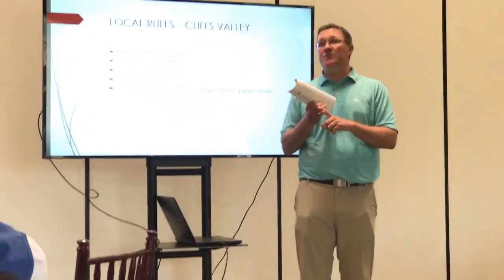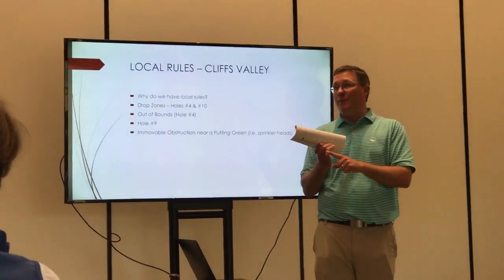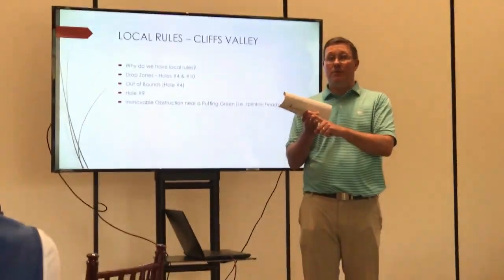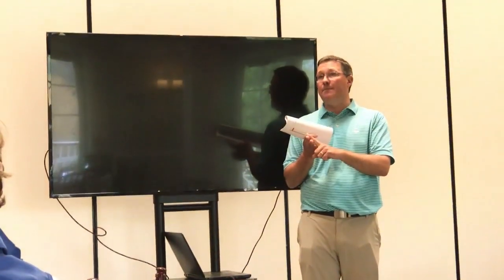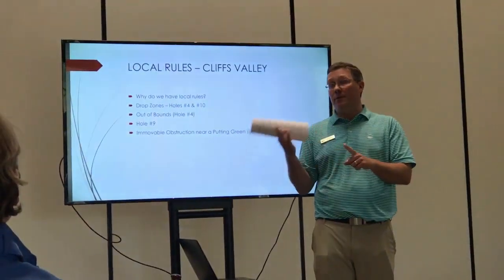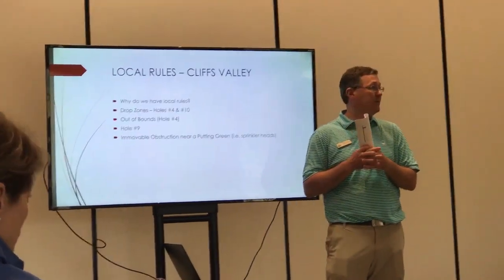But all the conditions must be met. The obstruction must be 2 club lengths or less away from the green. You must be 2 club lengths or less from the obstruction, and it must be on your line of play or interfere with your stance and swing. Then you can get relief from that object. Okay, so all 3 conditions have to be met.